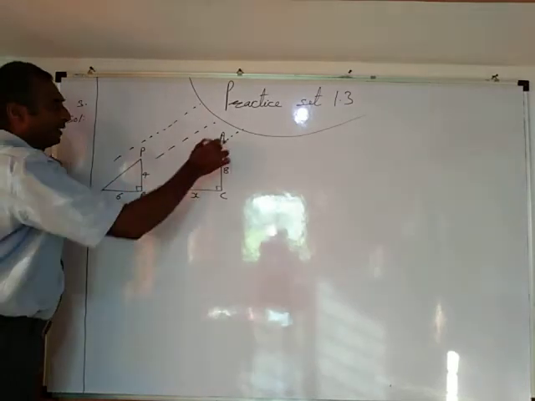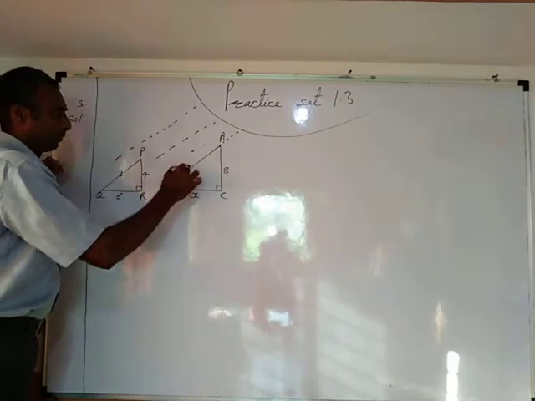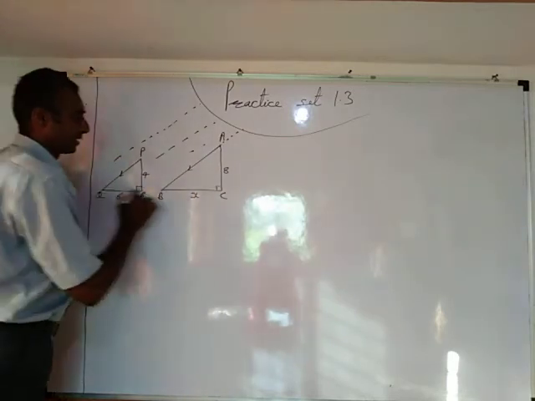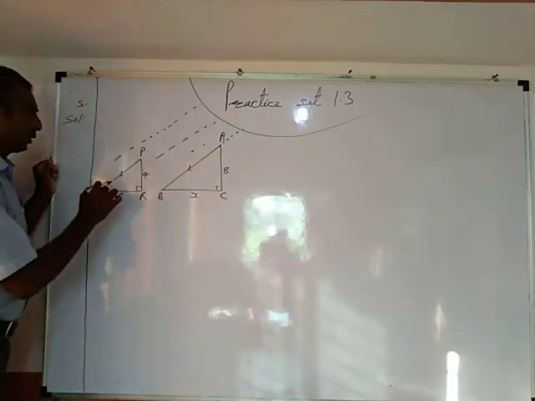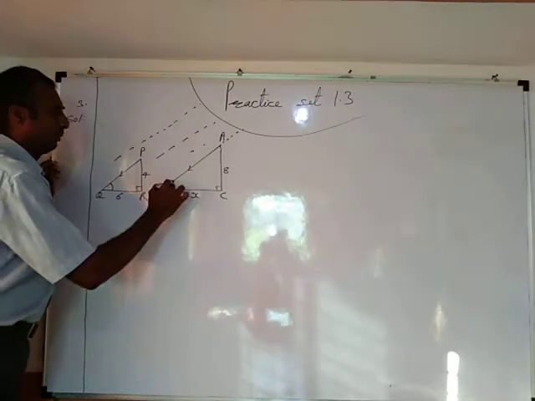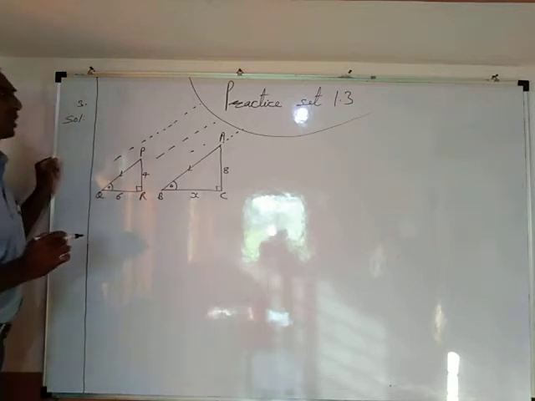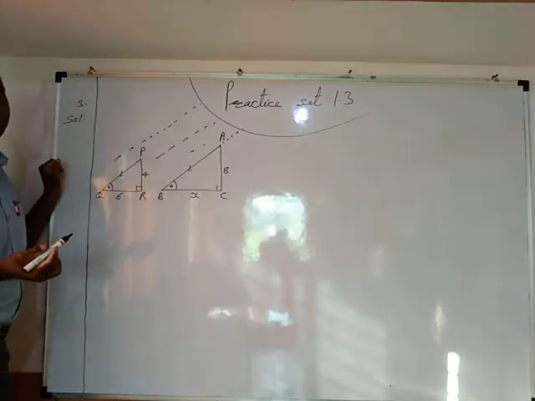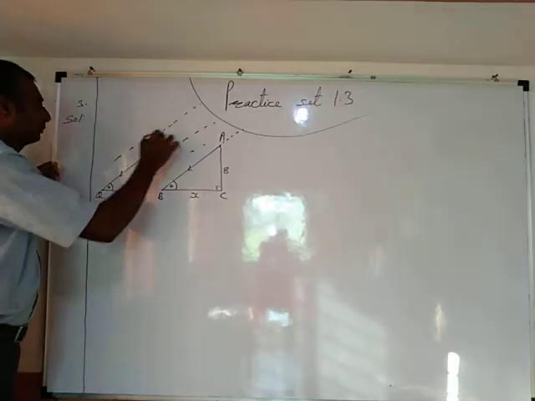Due to that, ray AB will be parallel to ray PQ, and as the ground is horizontal, hence we may note angle PQR will be congruent with angle ABC because shadows are cast at the same time. Let's mention here.